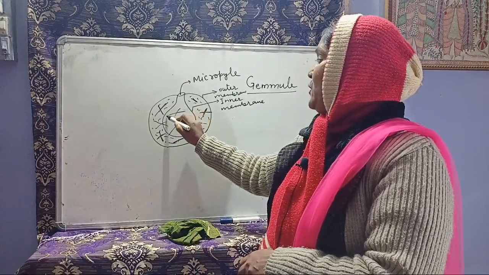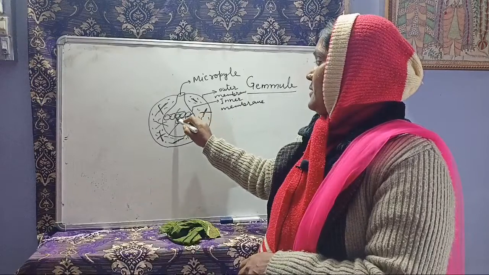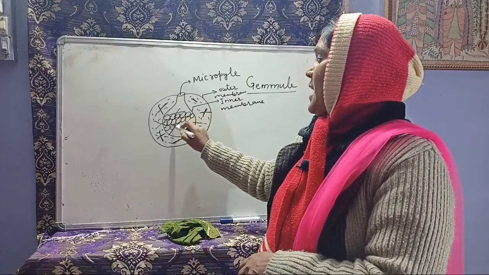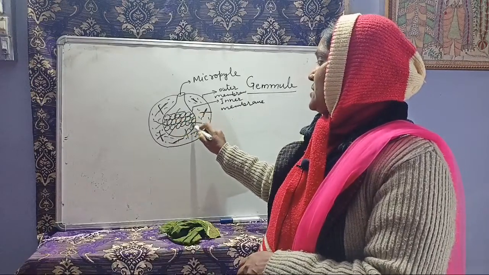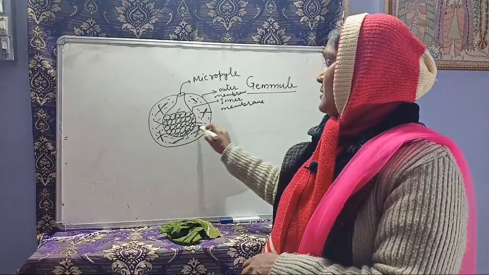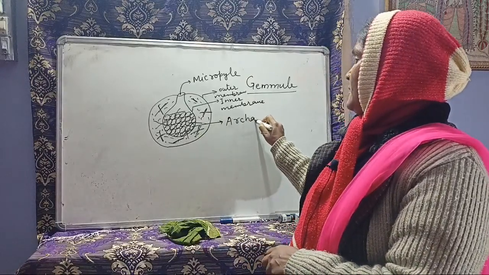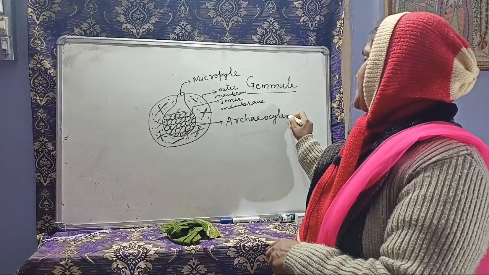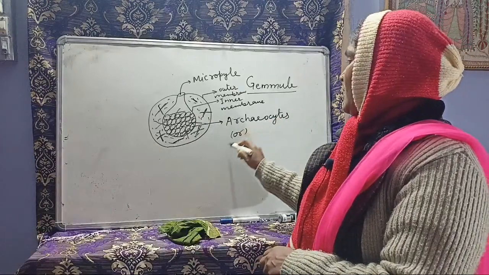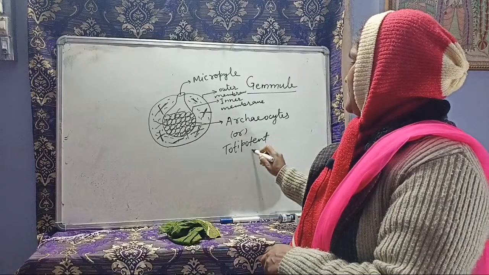Internally, a gemmule has a mass of cells called archaeocytes or totipotent cells.